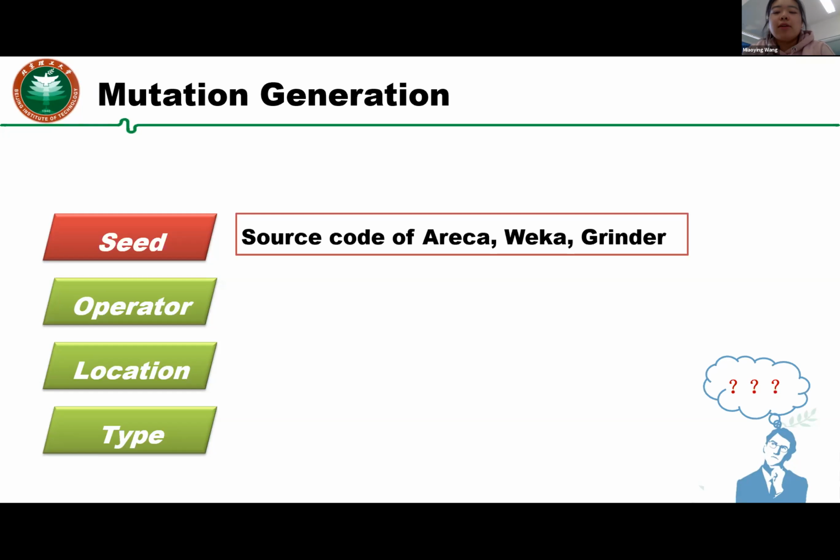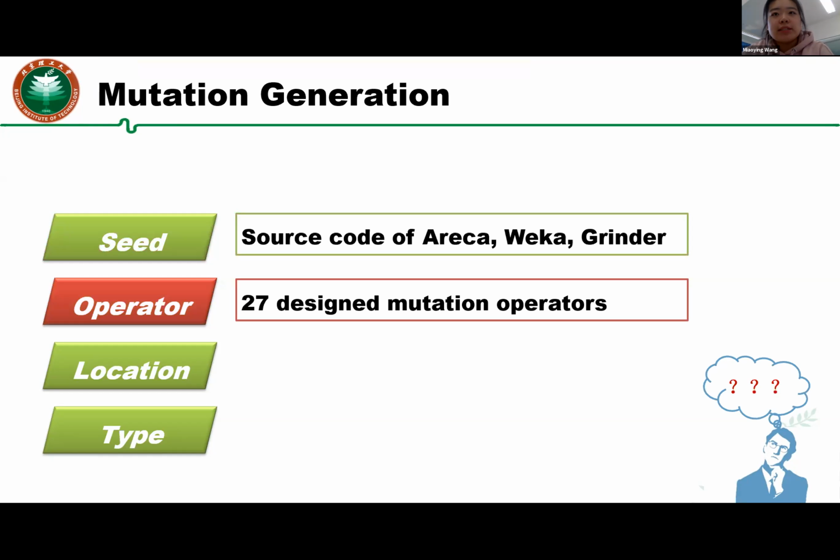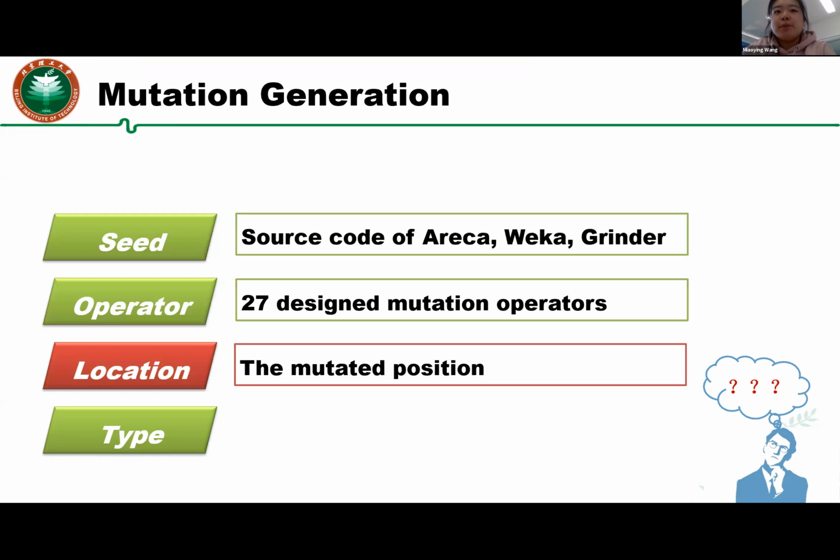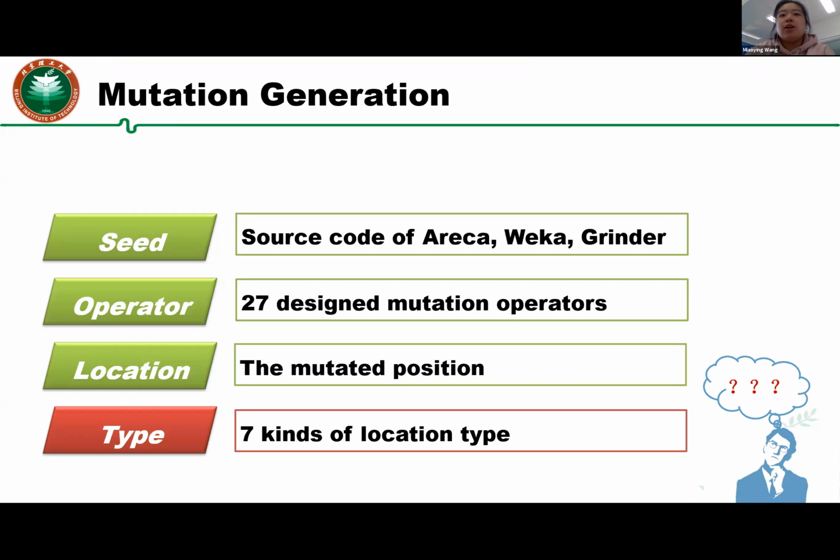Then our approach randomly selects a mutation operator. We design a set of 27 mutation operators, especially for the syntax check. Then our approach chooses a location to mutate, based on 7 kinds of location types.